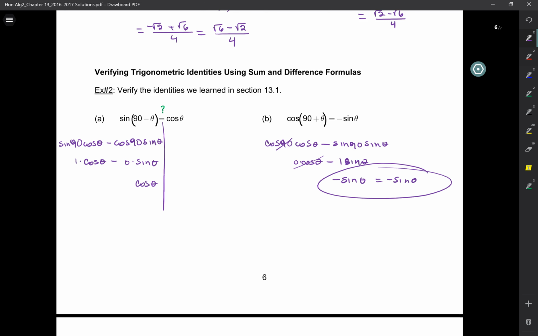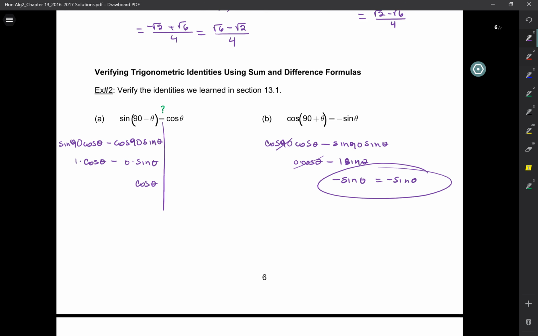Now, on the quiz, I might just say, find cosine of 90 minus theta. Not verify that it equals this, and you would just have to find it. Instead of verifying, I might just say find the cosine of 90 plus theta, and then you have to come up with the negative sign on your own.